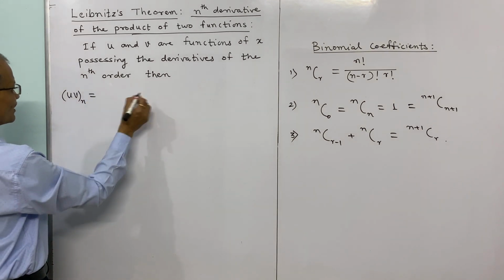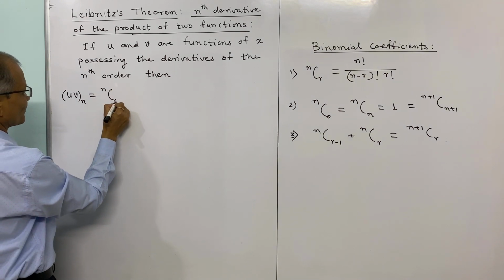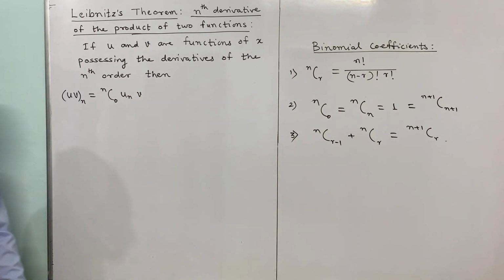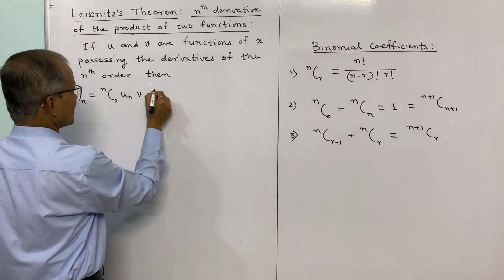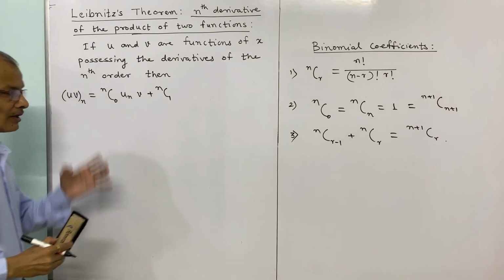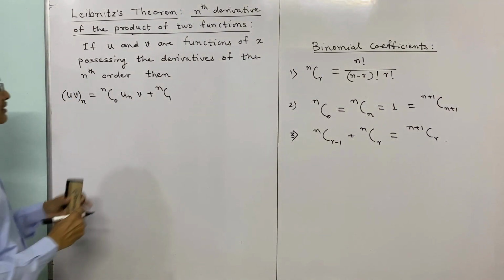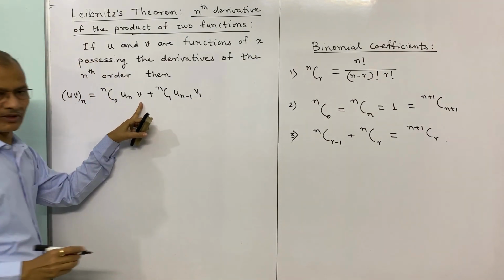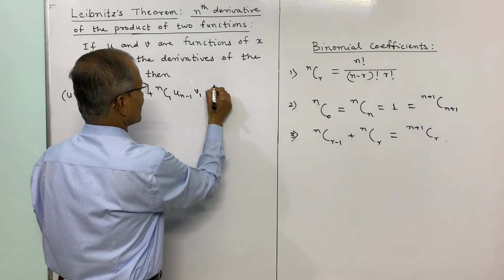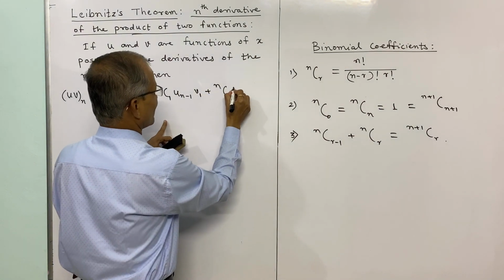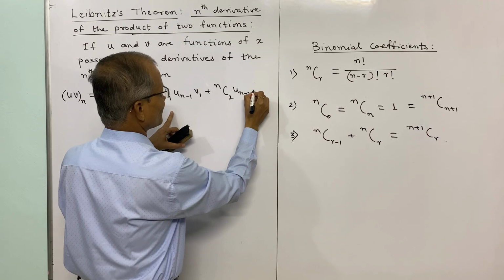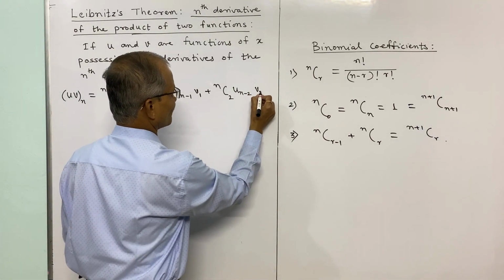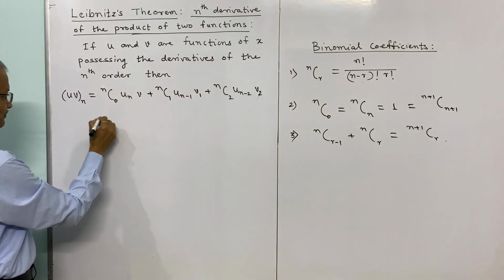This is equal to, in terms of binomial coefficients, n choose 0 un into v, where un means the nth derivative of u, plus n choose 1 u(n minus 1), decreasing the order of the derivative of u and increasing the order of the derivative of v, plus n choose 2 the (n minus 2)th derivative of u and the second derivative of v, that is v2, plus so on.